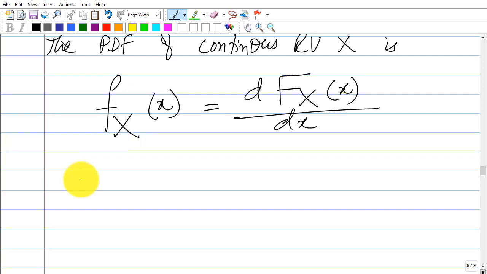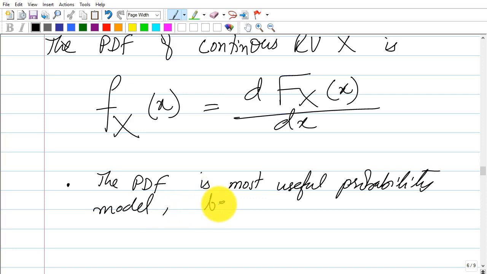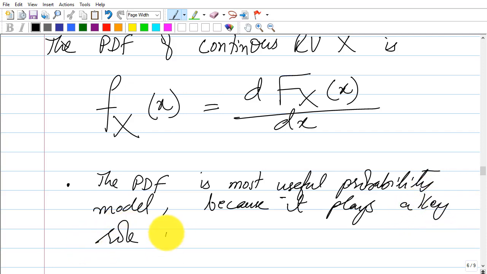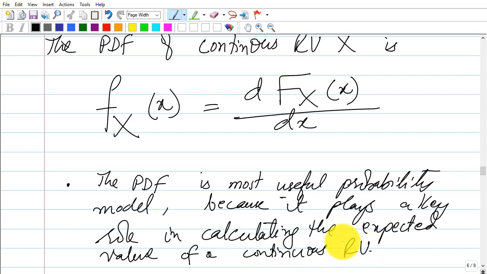Another reason the PDF is the most useful probability model is because it plays a key role in calculating the expected value of a continuous random variable.